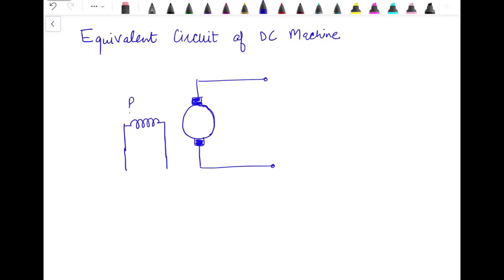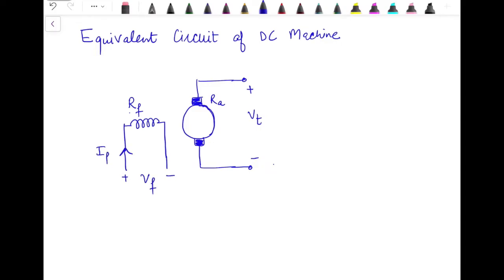The field winding will have resistance RF, since it's not possible to have a winding without resistance. Similarly, the armature winding will have the resistance RA. Across these terminals, the voltage is VT. Here the voltage is VF.